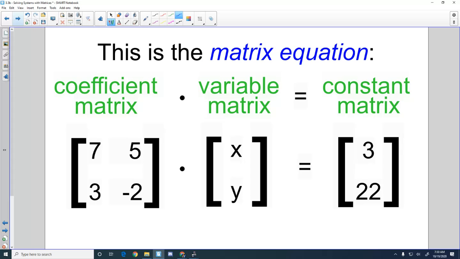We've got the coefficient matrix on the left, and the order is important. We've got to have these in the right order. The coefficient matrix comes first. It's going to be multiplied by the variable matrix, which is just x over y, a 2 by 1 matrix. And it's going to equal the constant matrix. And that's it.